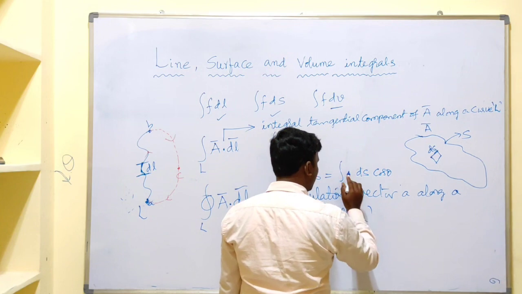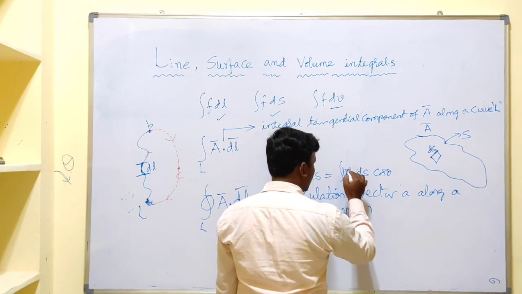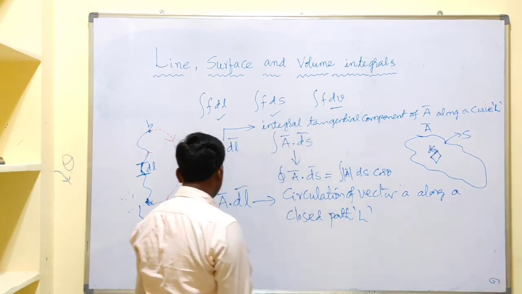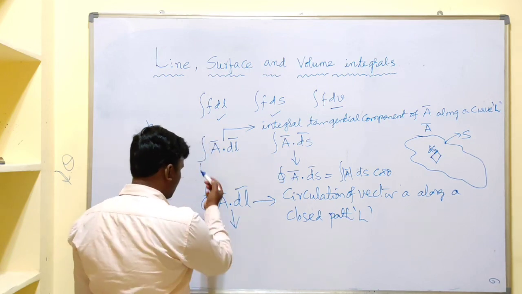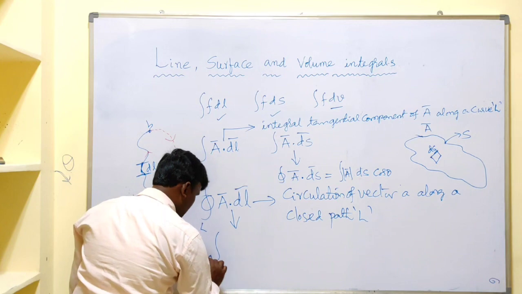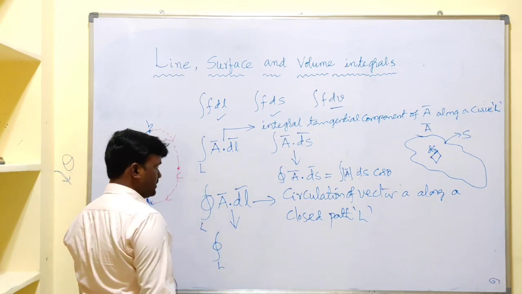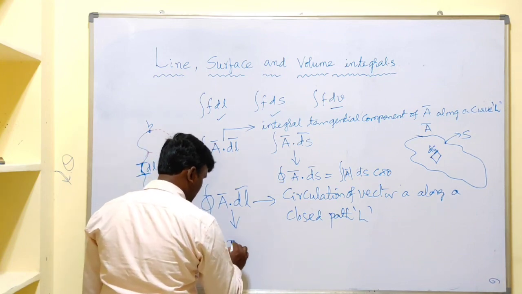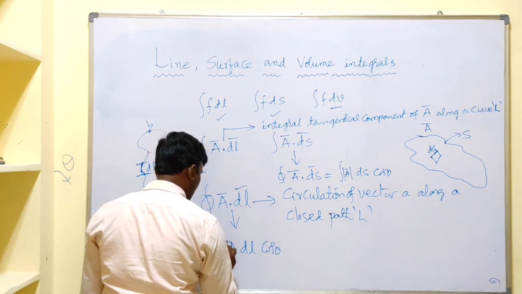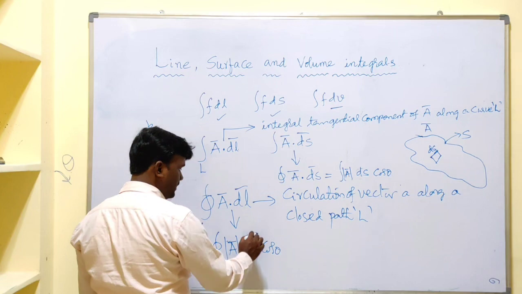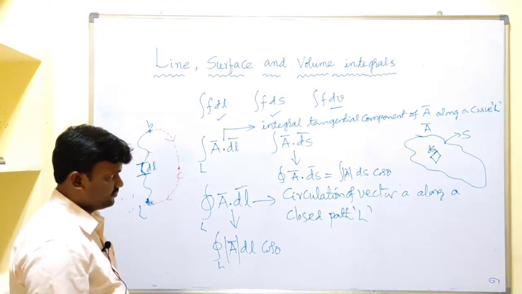Of course, here you have to take the modulus of A bar. Here also, the same thing can be written as integral A dl cos theta, where you need to take the modulus of dl cos theta.